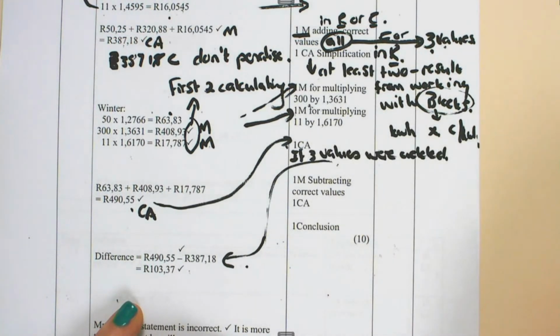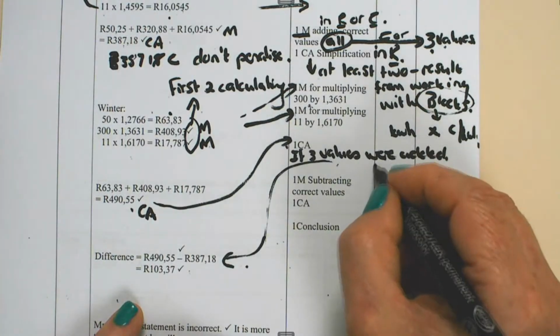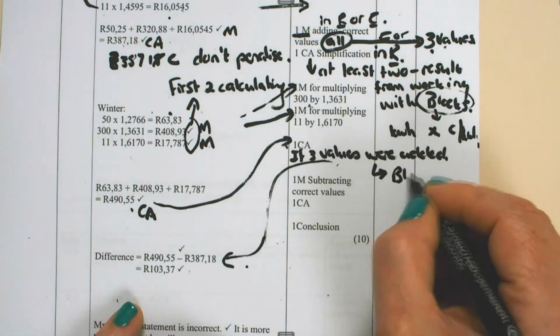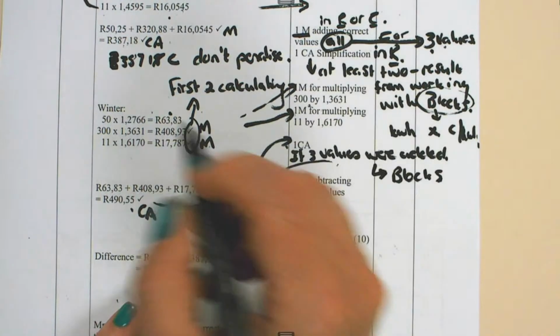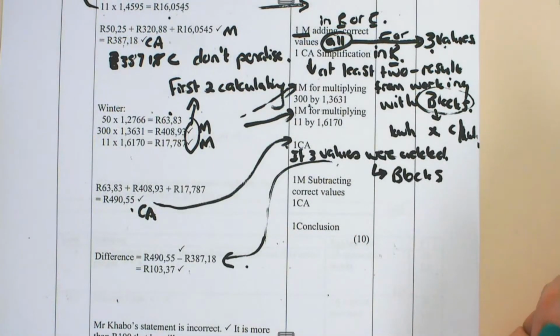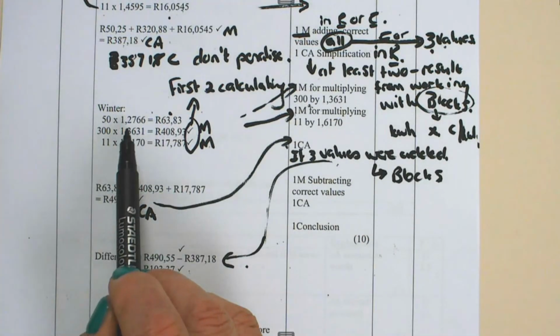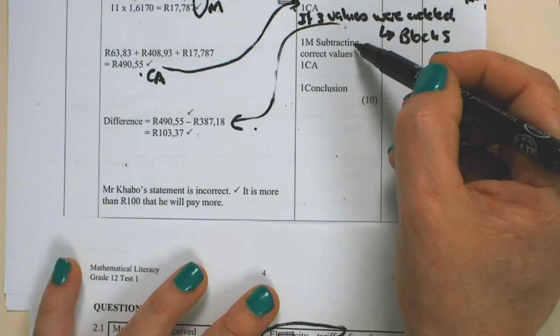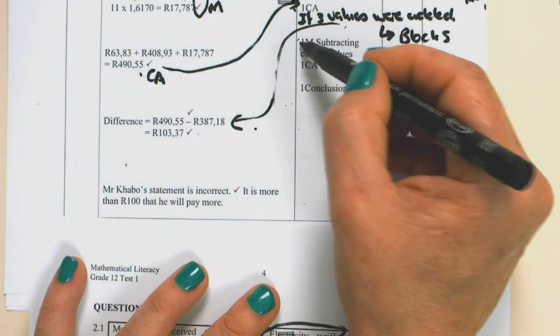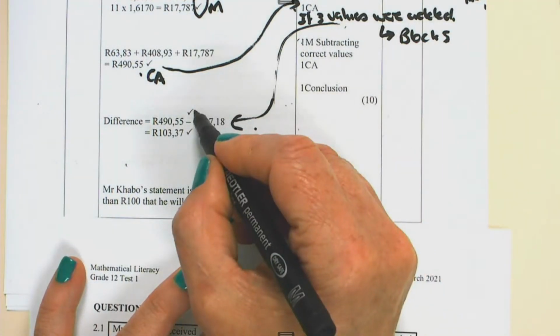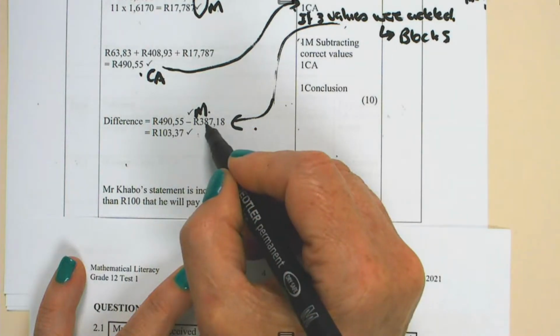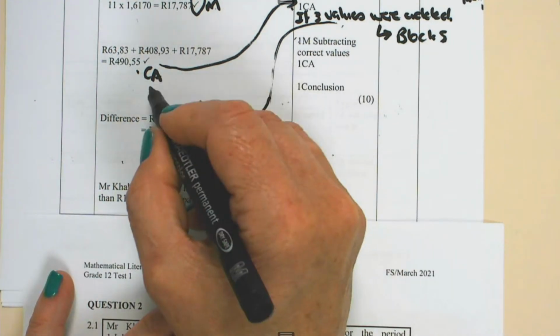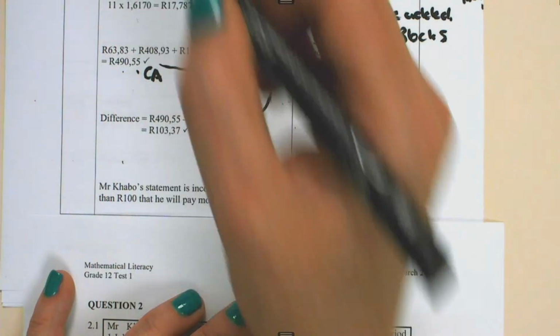And those values were resulting from the blocks. In other words, they multiplied those units with the price per unit. This last part is then emanating from this part, which says they must subtract. If they subtract now, this is the winter tariff, this is the summer tariff.